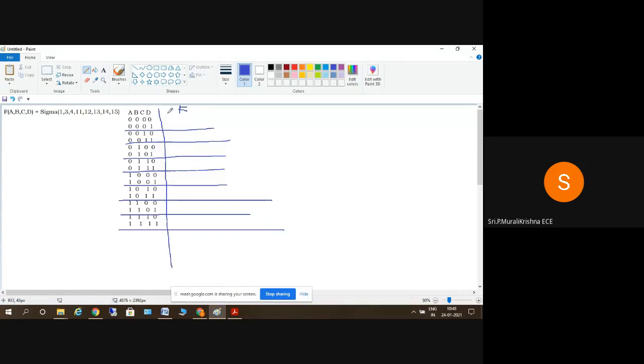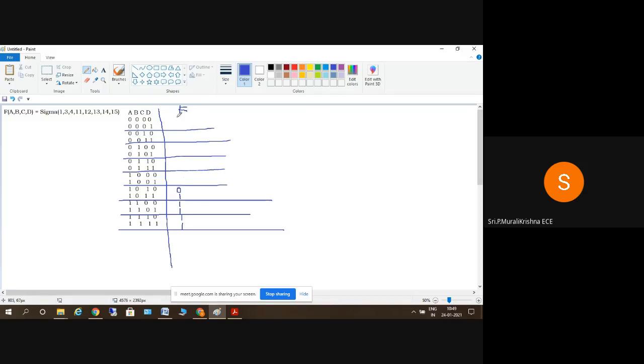And what are the values of F here? These 1, 3, 4, 11, 12, 13, 14, 15 values are 1 and the remaining are zeros. So 14, 15 values are 1. 13 value is 1. 12 is also 1. 11 is also 1. And there is no 10.